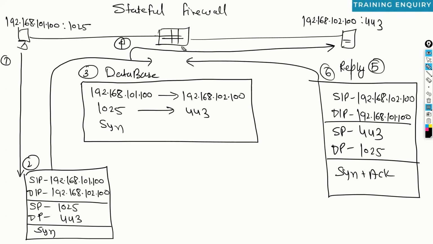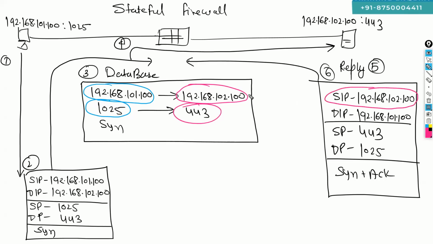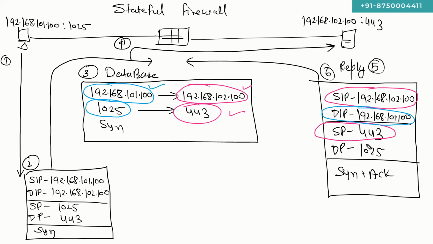Correct? Firewall will match here. Who was source IP 101, source port 1025, went to 102.100 for port number 443. Now, when reply comes, firewall will match who is coming. 102 matching, which port is coming, 443 matching, and this is going to 101 matching, going to which port number, 1025.